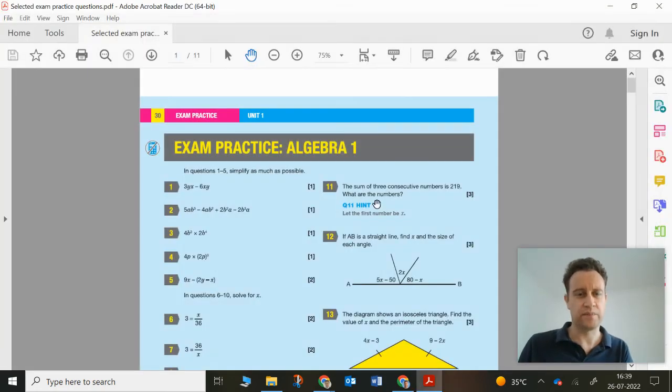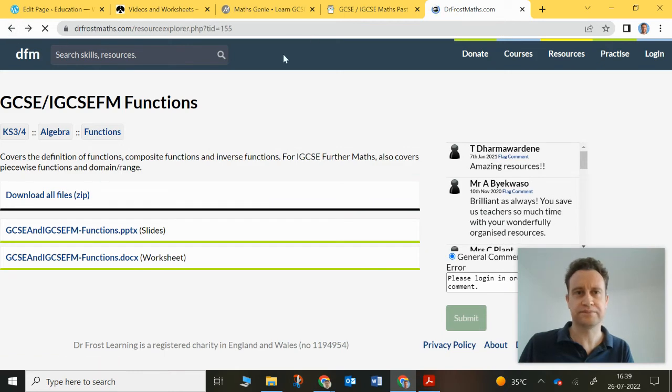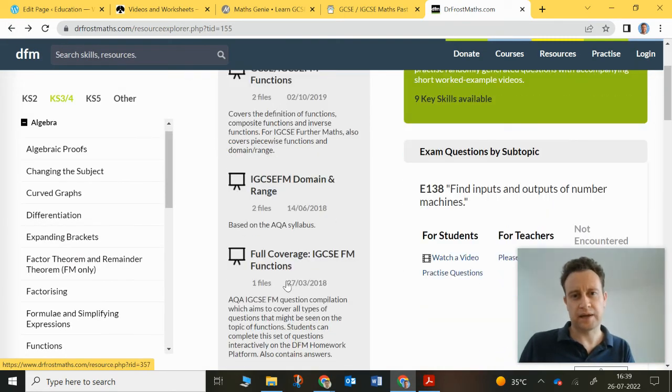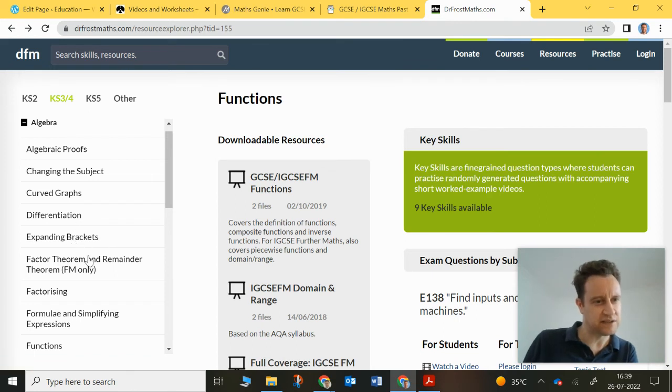Let's just get out of that one and go back a second. You can find things like full coverage. This relates to IGCSE Further Maths, and there's a full compilation of exam questions there, essentially. Let's look at something different, because sometimes Dr. Frost delivers things slightly differently.